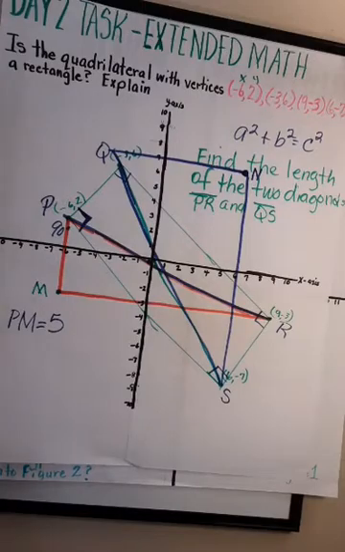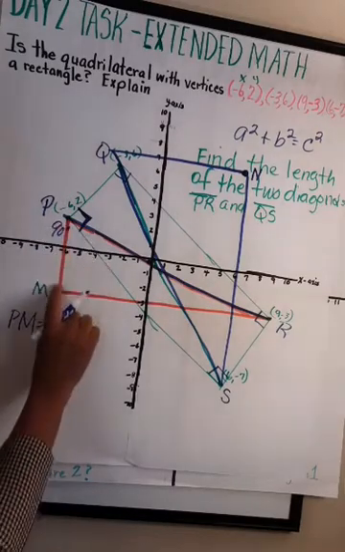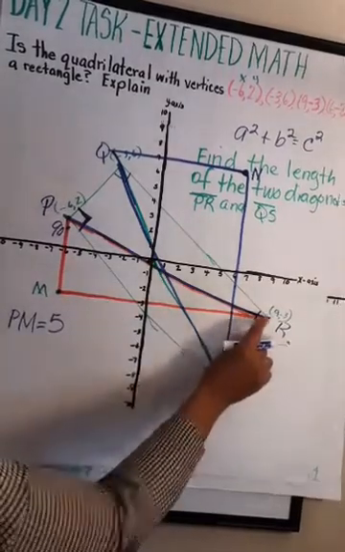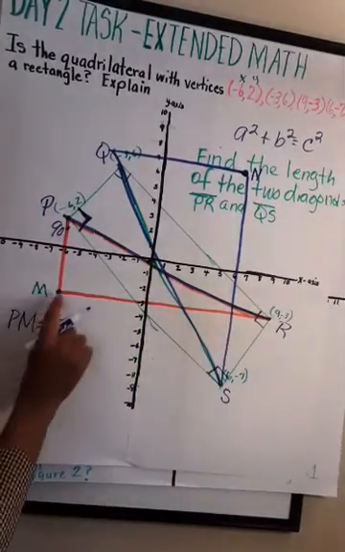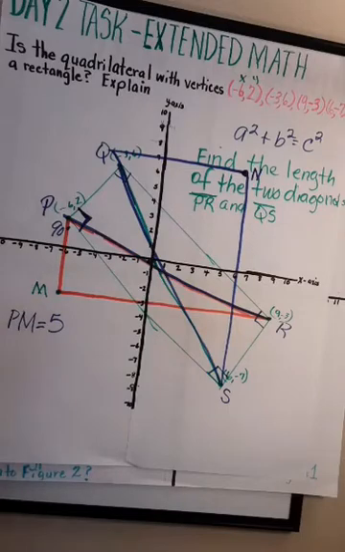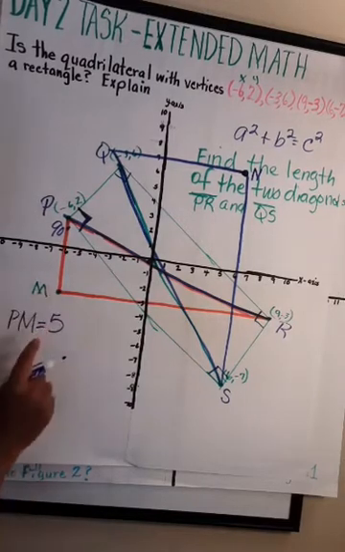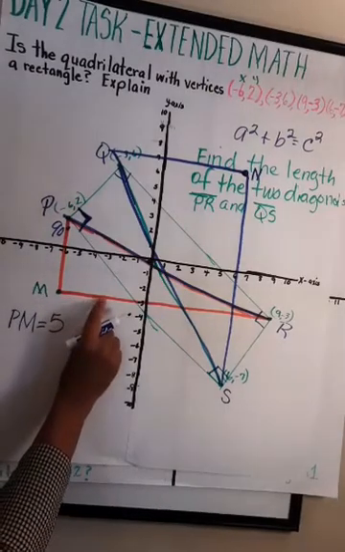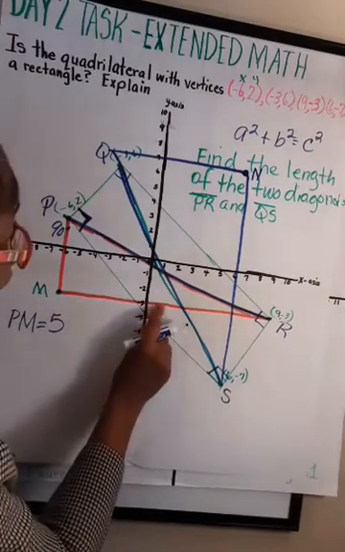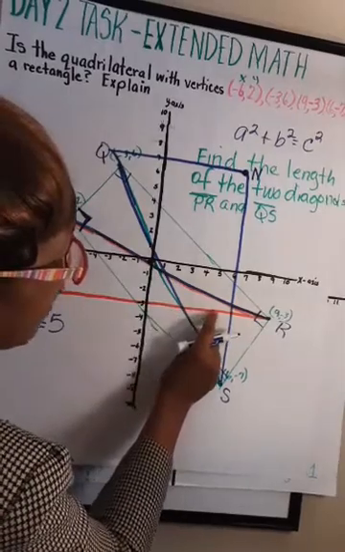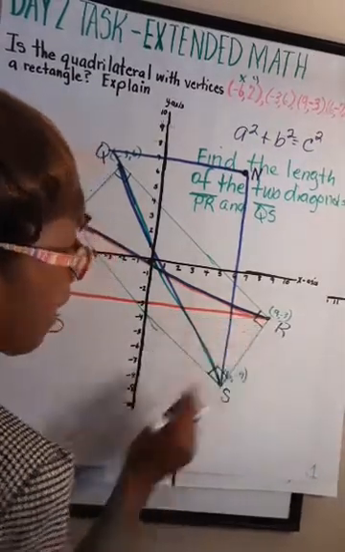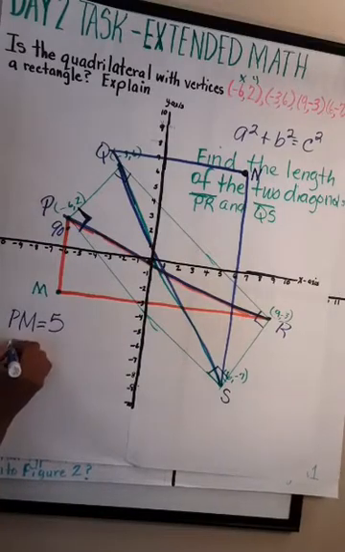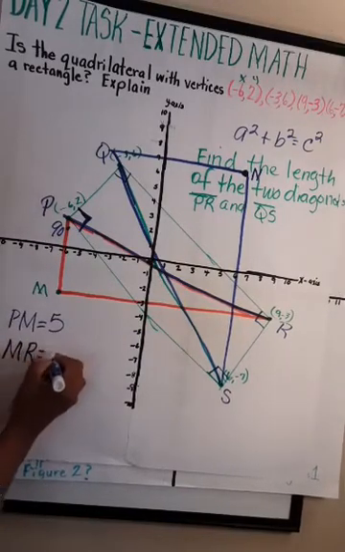Now, also, this triangle consists of M and R. How far is it from M to R? You got to count your blocks. You go 1, 2, 3, 4, 5, 6, 7, 8, 9, 10, 11, 12, 13, 14, what? 15 spaces. So MR is equal to 15.